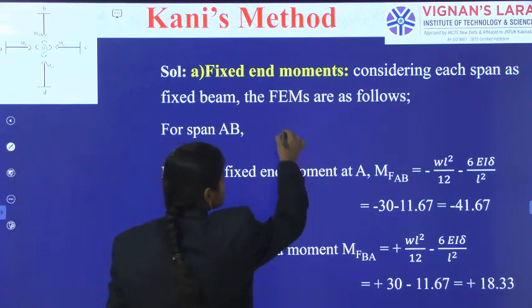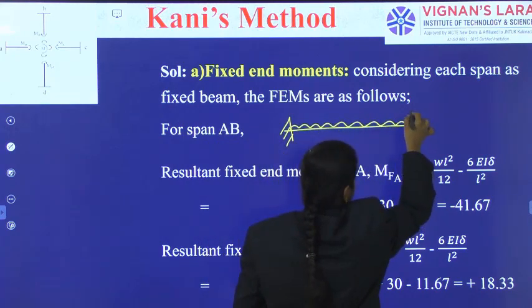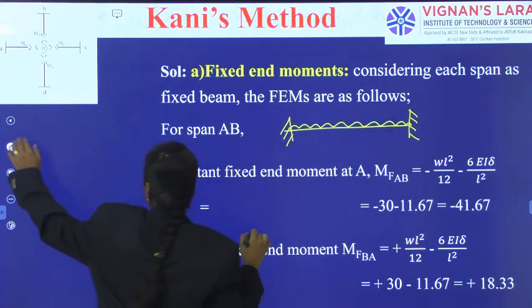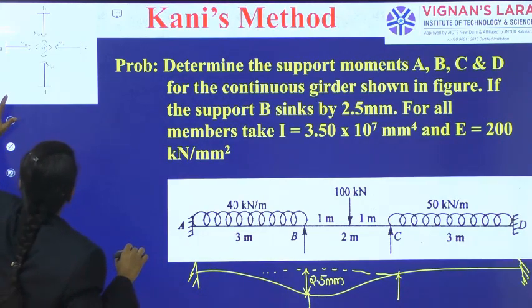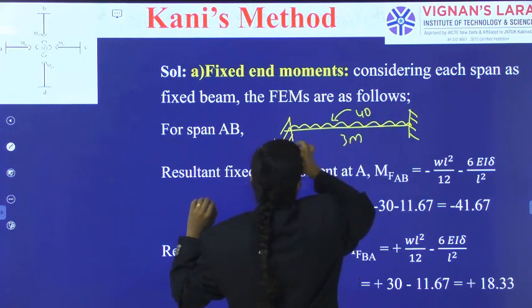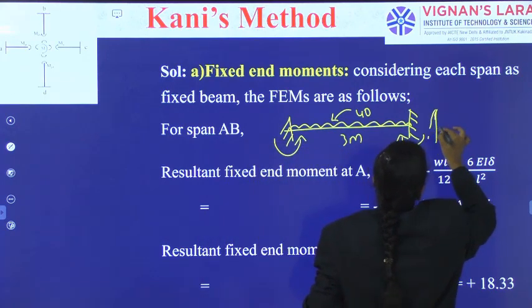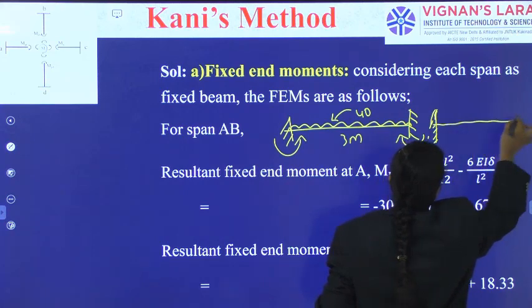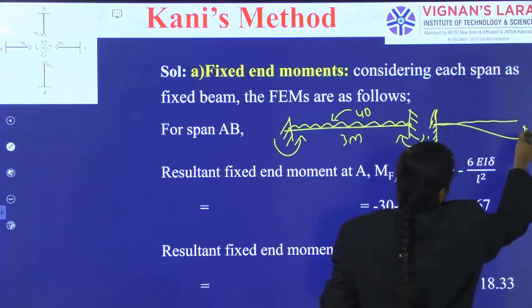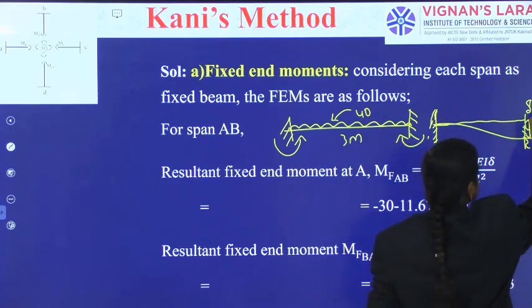Okay, for the span AB, considering only fixity, it has a UDL of intensity 40 and length 3. So delta is happening; that sinking quantity is delta.